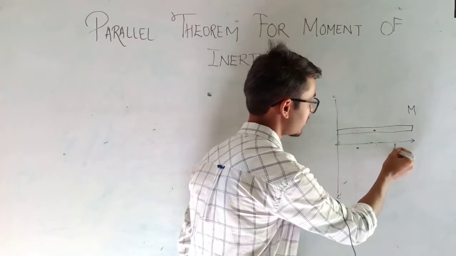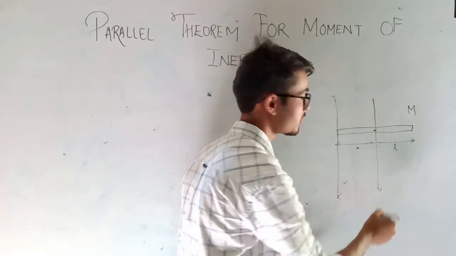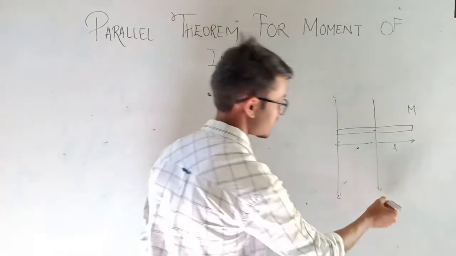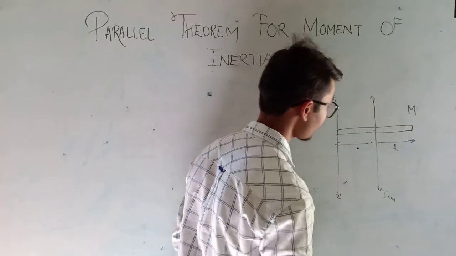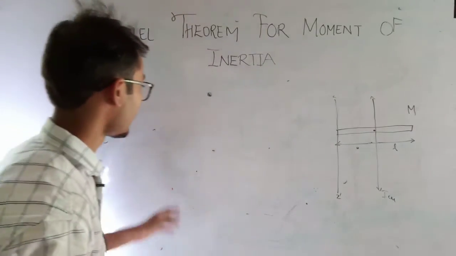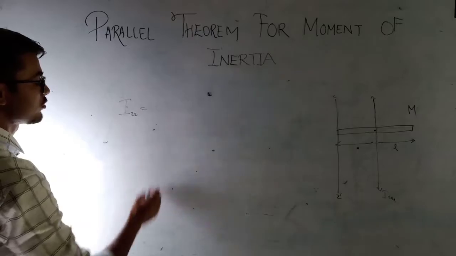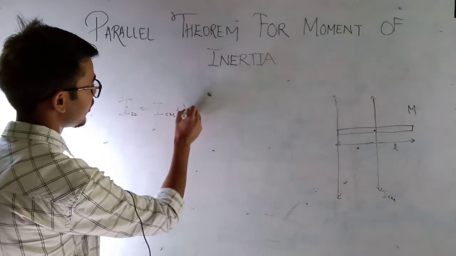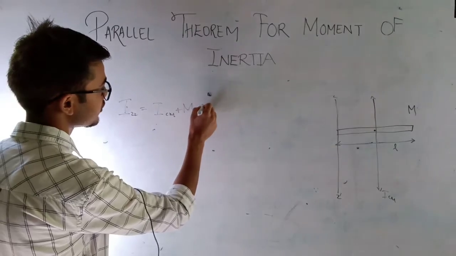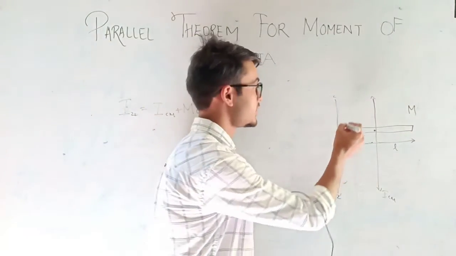We write it here, and we apply the parallel axis theorem to find the moment of inertia. This is I cm, and now let's write IZZ equals I cm plus m a square.